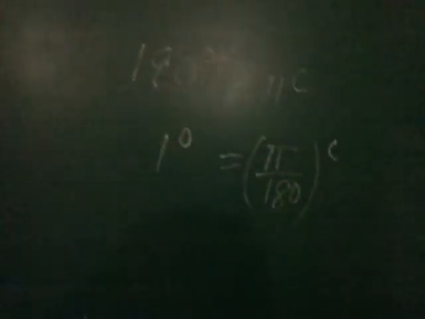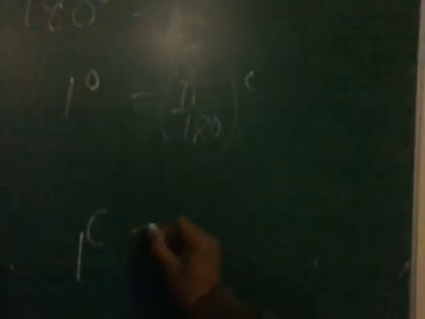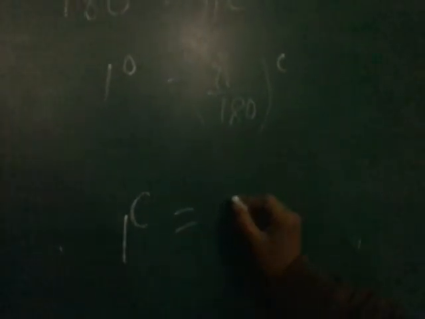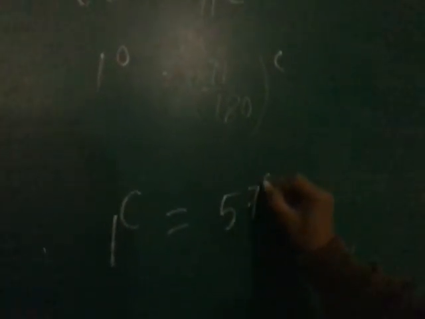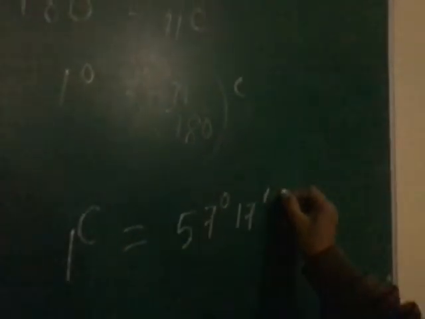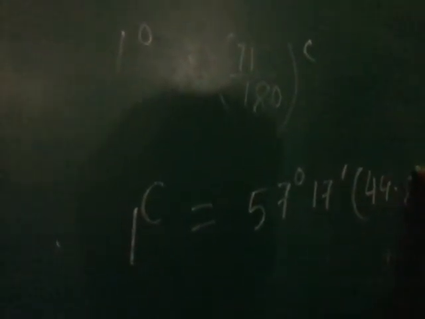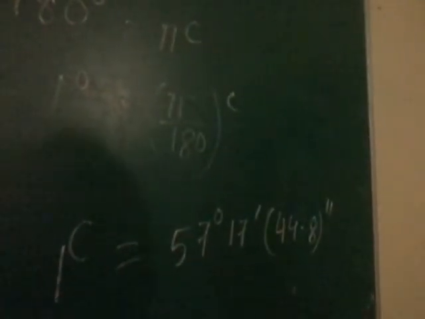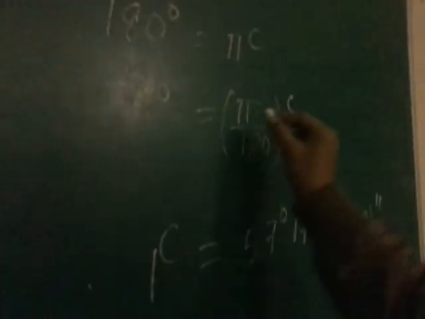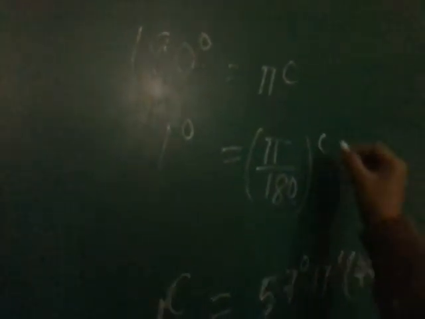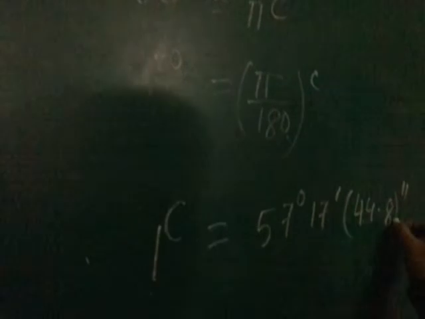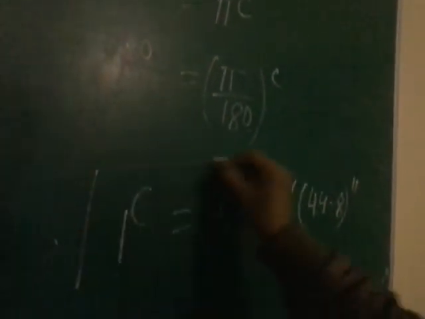In the first case, we found 1 radian is equal to 57 degree 17 minute 44.8 second, and 1 degree is equal to pi by 180 radian.